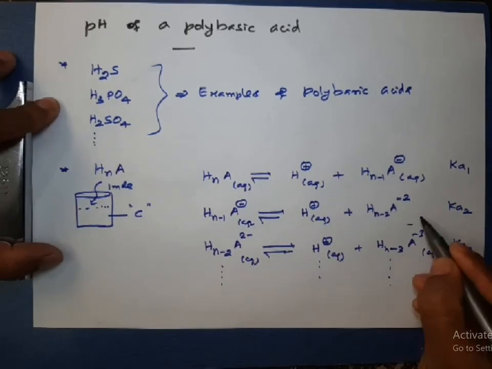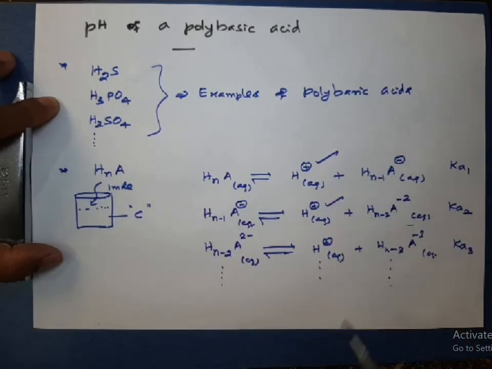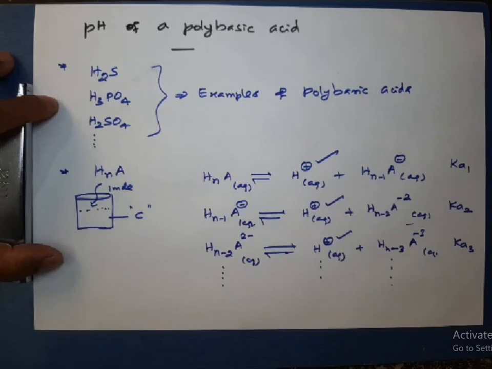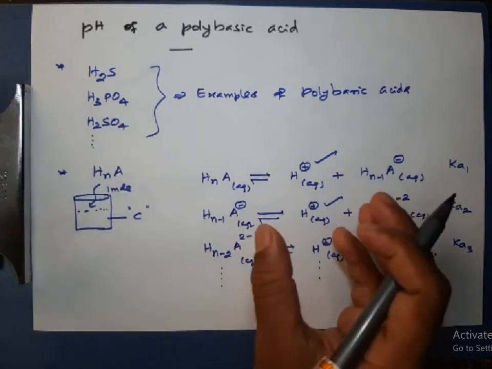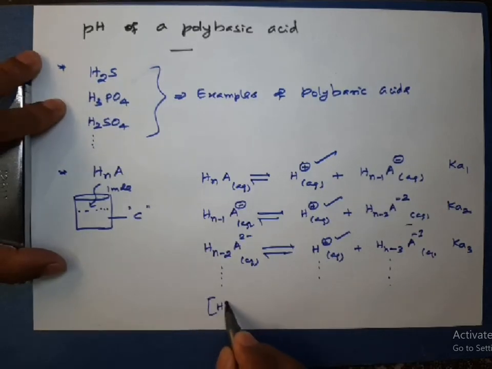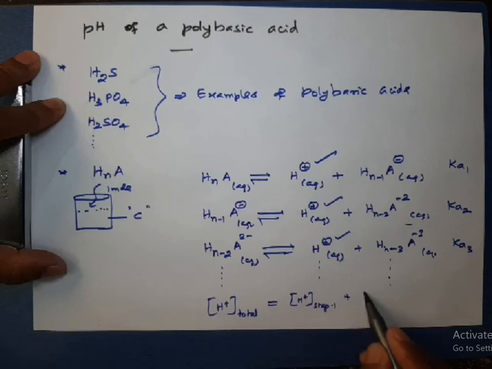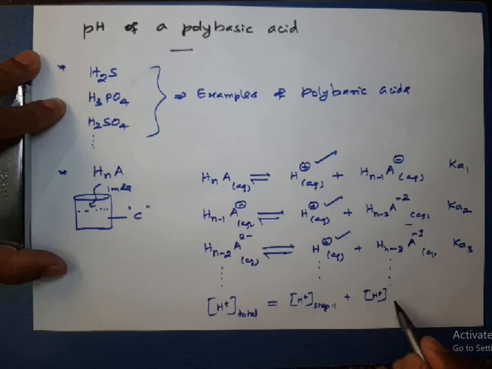Now see, we get H+ in the first step, in the second step, and in the third step. So we have to find the total H+ ion concentration. The total H+ ion concentration is equal to the H+ concentration from step 1, plus the H+ concentration from step 2, plus so on.